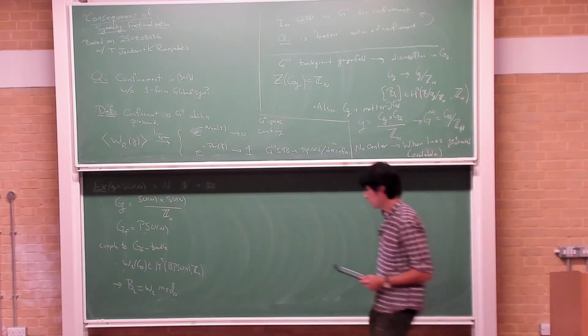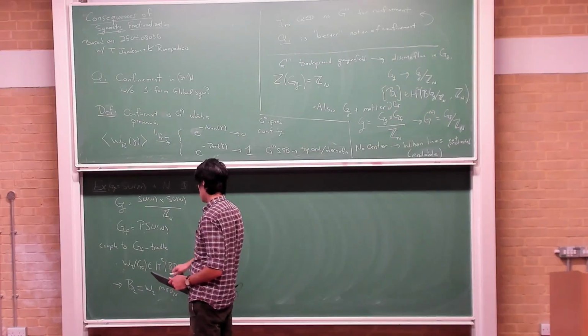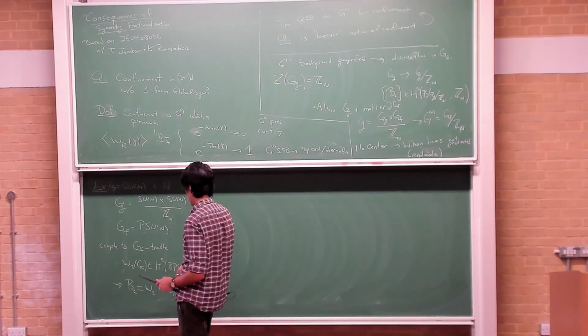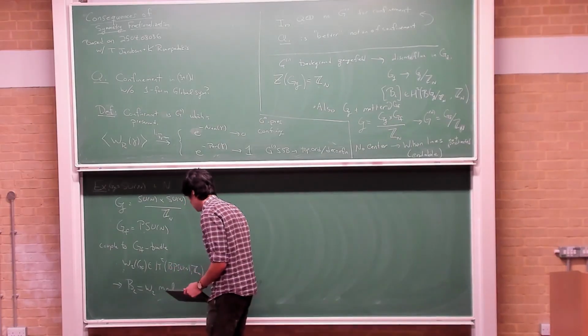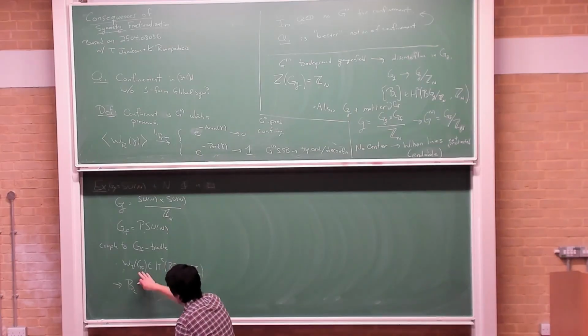Yeah, okay, good. So essentially what this means is that when you turn on w2, you're restricting your SU(N) gauge bundle to a PSU(N) gauge bundle. And then B2 is sort of classifying this obstruction.